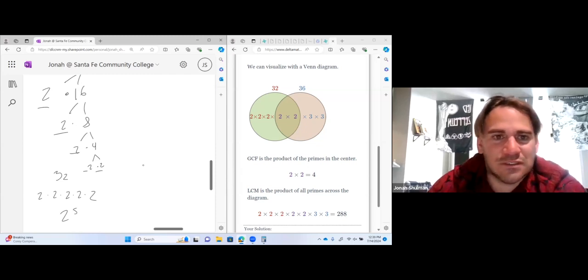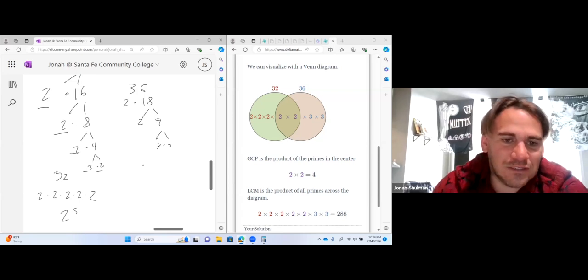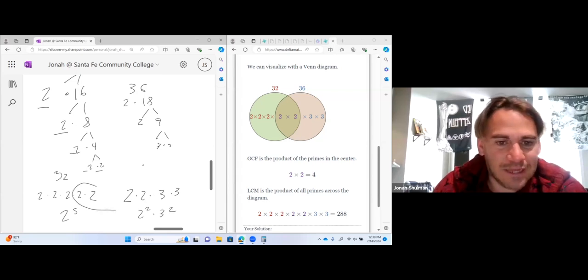The other side is 36, which I would do as 2 times 18, 2 times 9, and 3 times 3. So the other side is 2 times 2 times 3 times 3, which is 2 squared times 3 squared. These are their prime factorizations. Where do they match?